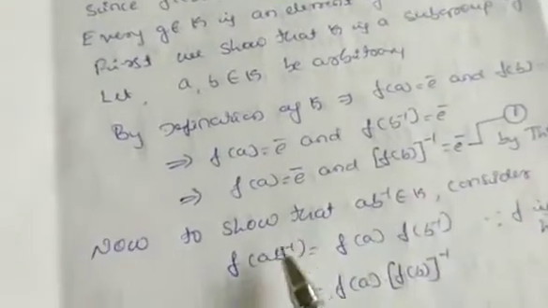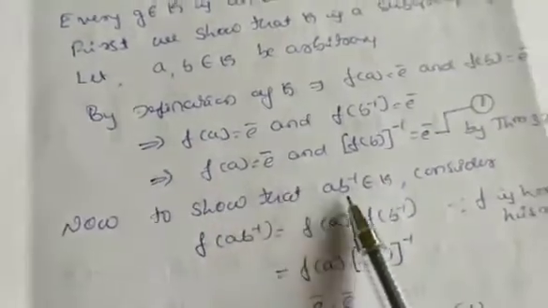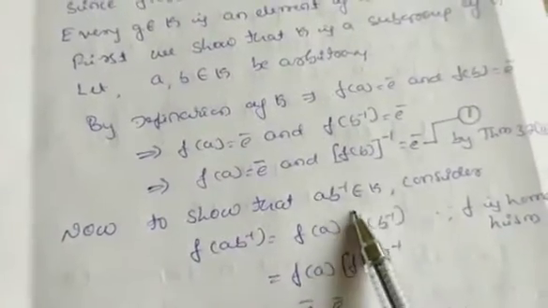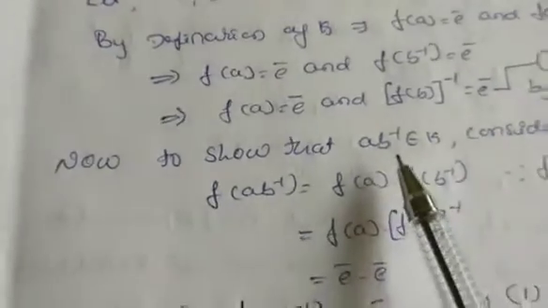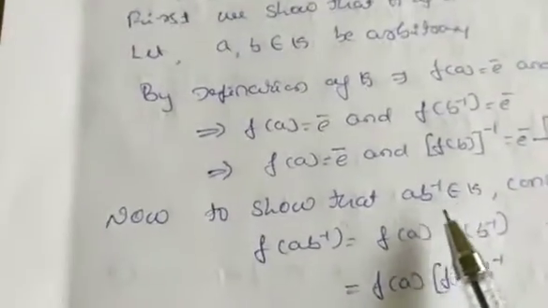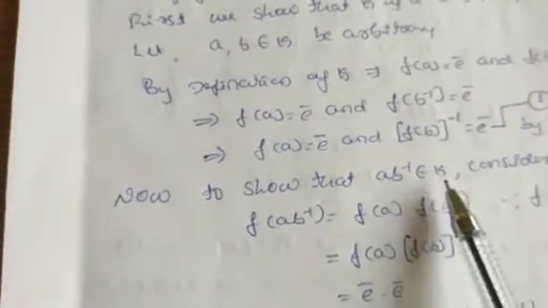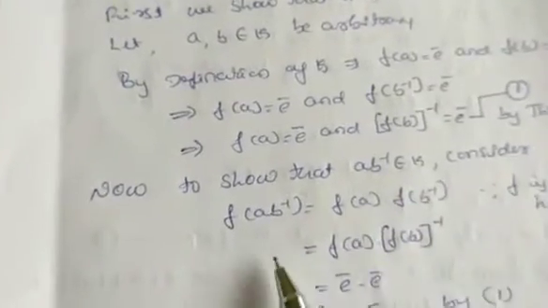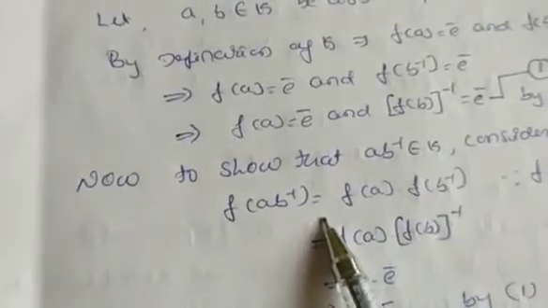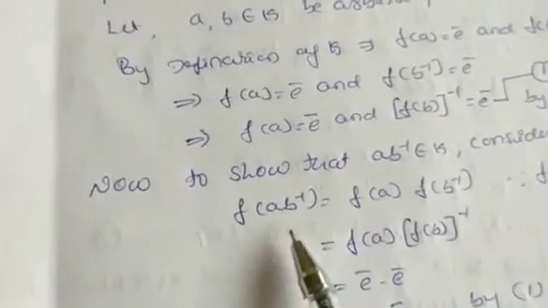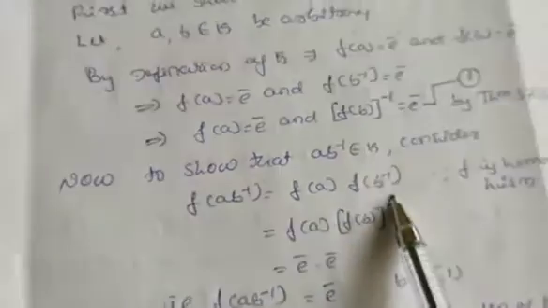Now to show that a b inverse belongs to K, this is the necessary and sufficient condition for a subgroup: if a, b belong to H, then a b inverse also belongs to H. So here it is K. Therefore consider f of a b inverse, which by the definition of homomorphism is f of a into f of b inverse.